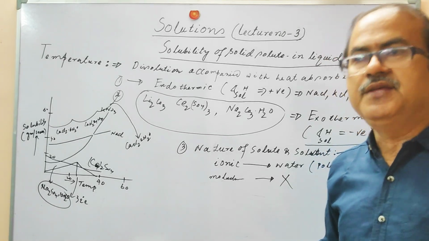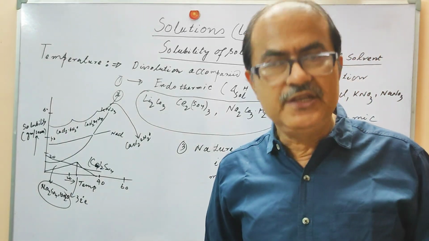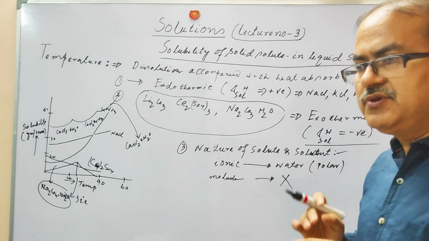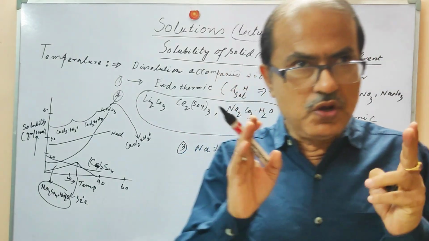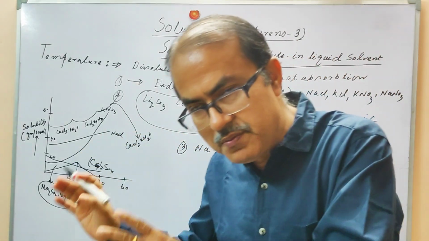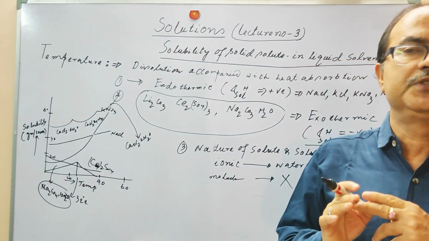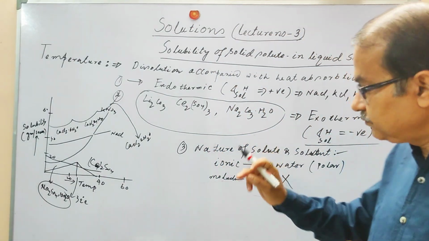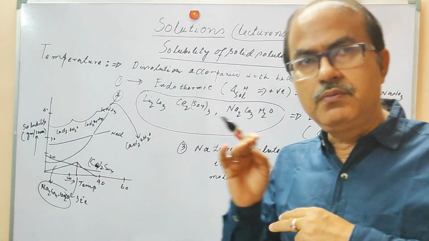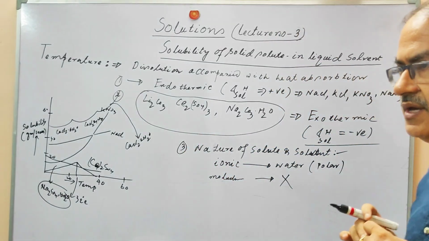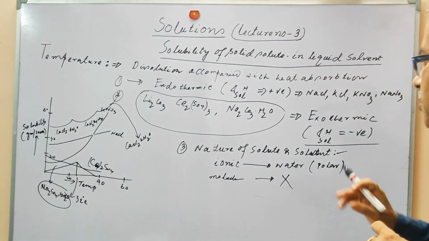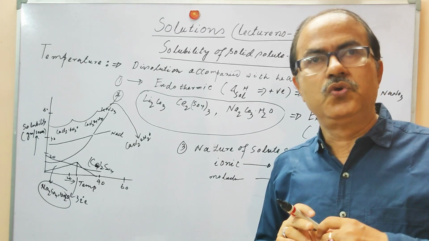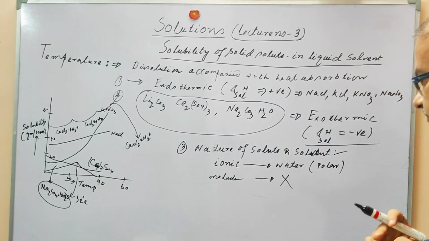They will dissolve in benzene, CCl4 and so on. So we can say that not every solid will dissolve in a given liquid; it depends on its nature. If the solvent is polar, it will dissolve ionic solids. If it is non-polar, it will not dissolve in a polar solvent. That is to be understood.